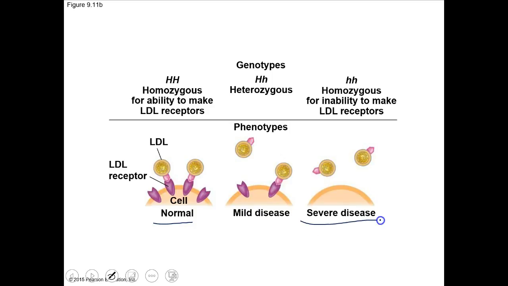If you have a severe disease, you don't have any of them, so the homozygous recessive is that way. But if you have mild disease, you're heterozygous and you'll have just fewer. So it looks like a blend between normal and severe. It's somewhere in the middle.